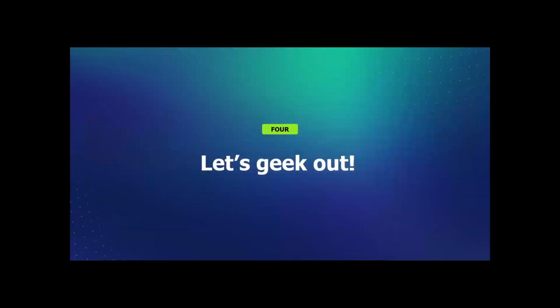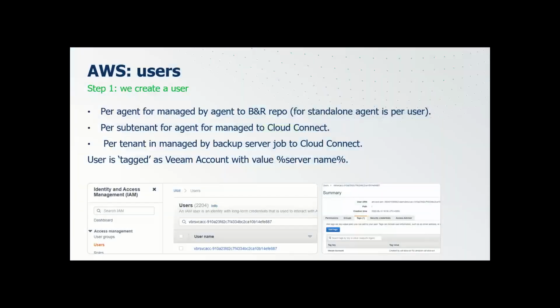So let's geek out a little bit. I know many people want to see the detail of this thing, and we're going to explain to you how it works in detail. Let's take the example of AWS. Azure and Google Cloud are a little bit different, but we'll see later. So the first step, obviously, is to create the user. How do we create a user, or better said, in which situation do we create a user?